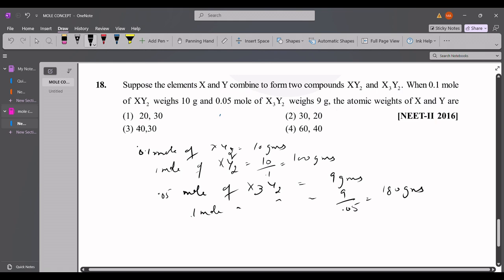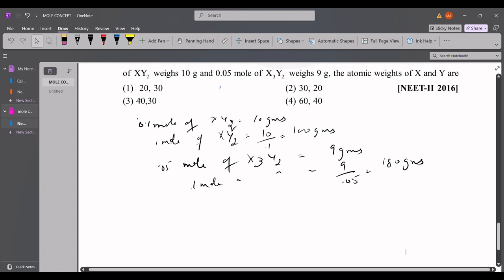Now we can solve it by a simple mathematical or algebraic method. Let the weight of X be a and the weight of Y be b.